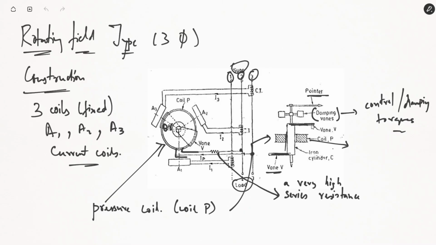To make sure that the rotating magnetic field does not keep dragging this cylinder for a longer period of time, we have damping vanes that produce an opposite damping torque to reduce the speed, and we can also use a very high resistive iron cylinder.